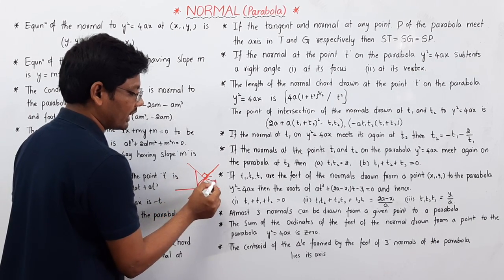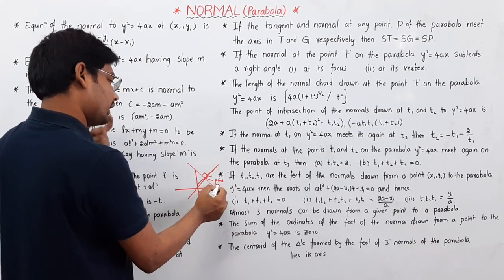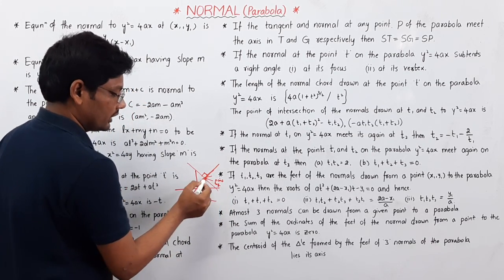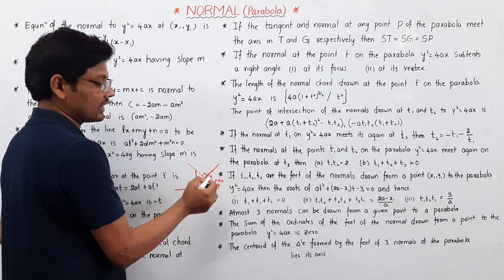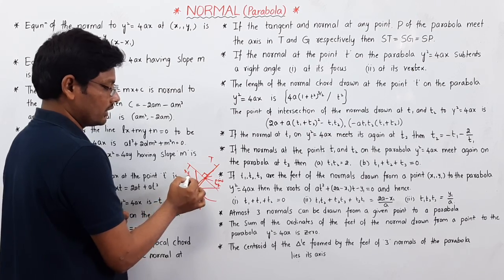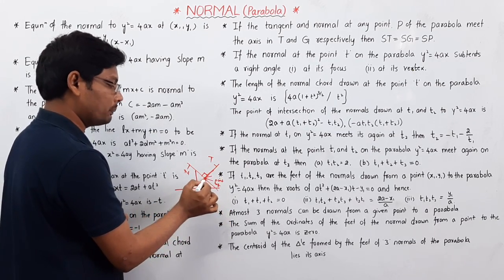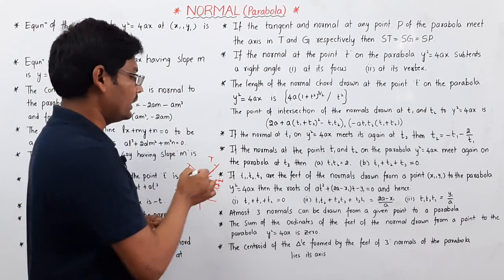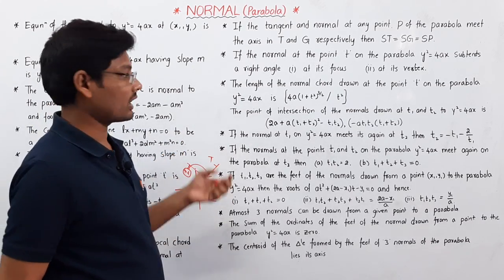This is the point of contact, and here a line is perpendicular to the tangent. This is the tangent T and this is the normal. A line perpendicular to the tangent at the point of contact is called the normal of a parabola. This is the information about normal.